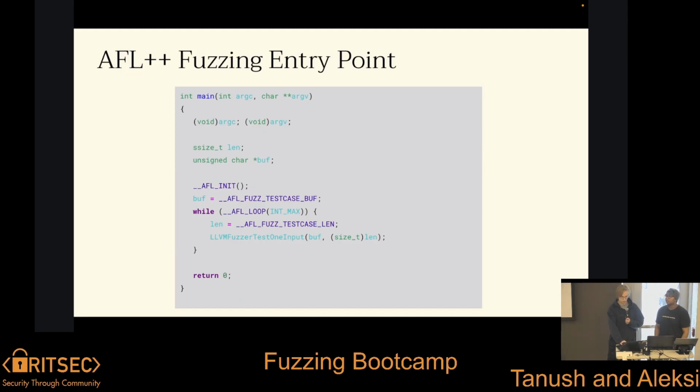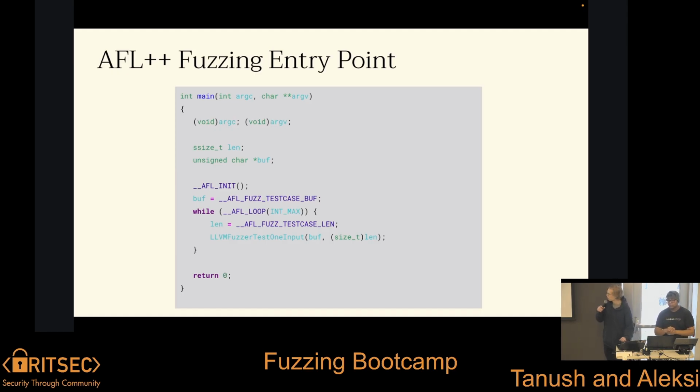It does this because after maybe a million iterations, or however many INT_MAX is, that's a lot. You'll probably inevitably have memory leaks, even if your harness is written well. So it takes a preventative step to try and alleviate false crashes. Then AFL_FUZZ_TESTCASE_LEN is the length of your input, and LLVMFuzzerTestOneInput is, like I mentioned, the target function, what you're actually testing.